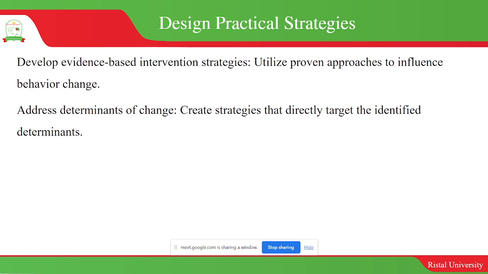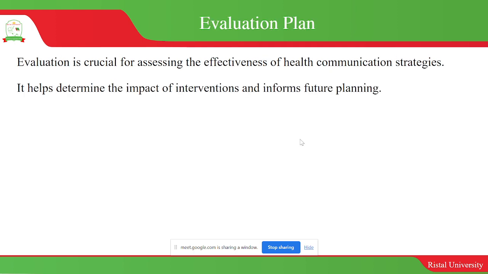Okay, what are the practical solutions to result in the behavior change that we want? Okay, and then after choosing and implementing the strategies, now you evaluate and see if the health communication strategies have been very effective.